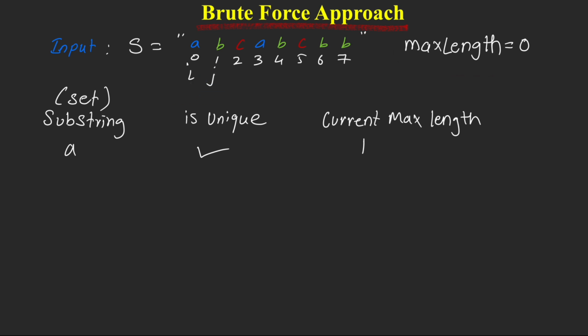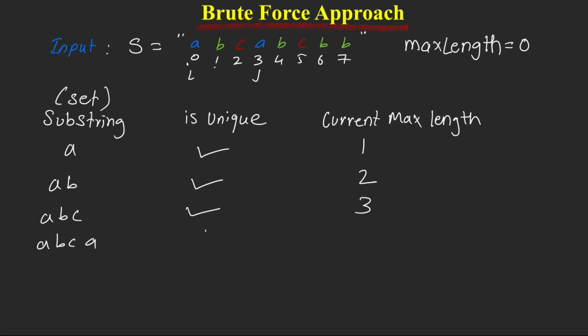Next substring is AB. Is AB unique? Yes. Is 2 greater than 1? Yes. Update current max length to 2. Increment J. Next substring is ABC. Is ABC unique? Yes. Is 3 greater than 2? Yes. Update current max length to 3. Increment J. Next substring is ABCA.